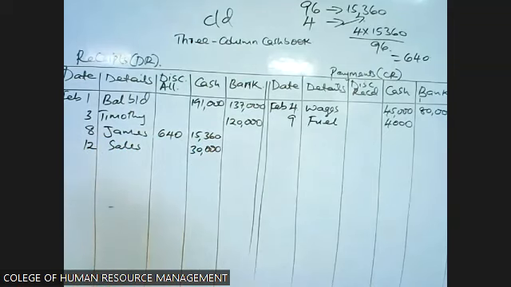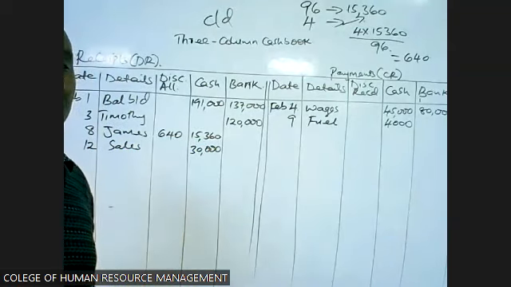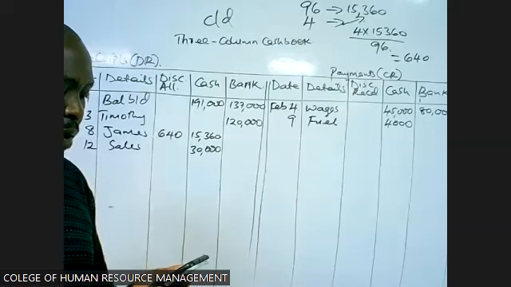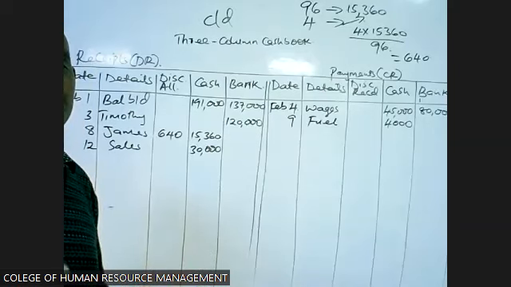I want you to be very careful of that statement. When they say settled the account of a particular person, and then you are told, like this, settled Dorcas account of 40,000, even without going far, then it simply means that this person by the name Dorcas, we were owing the person 40,000.